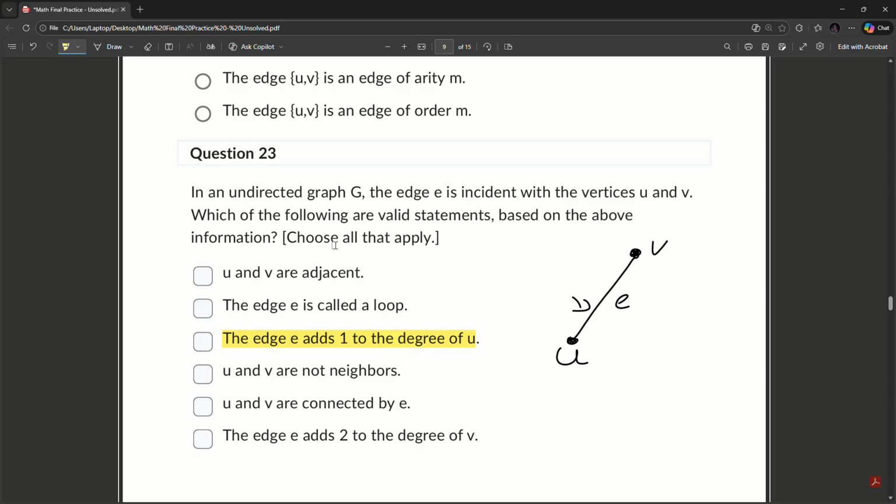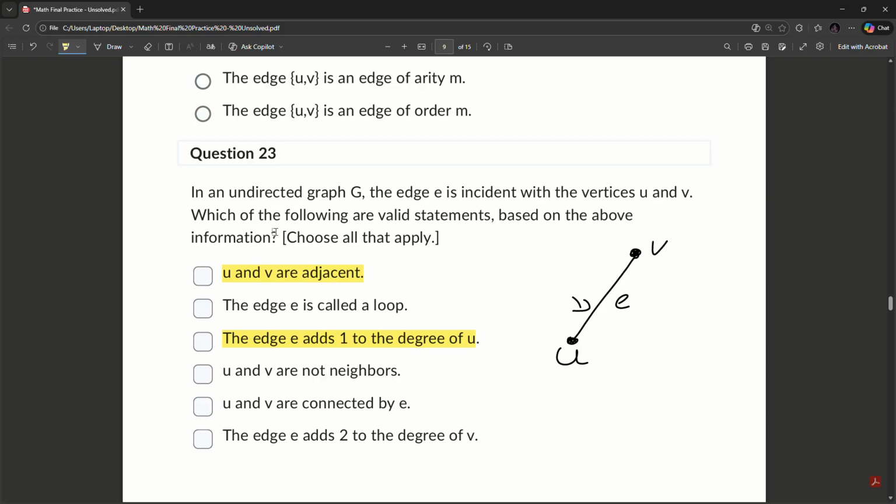So U and V are adjacent. That is true as well, right? Because of course U is connecting to V via E, so they're connected and they're nearby. The edge E is called a loop, right?